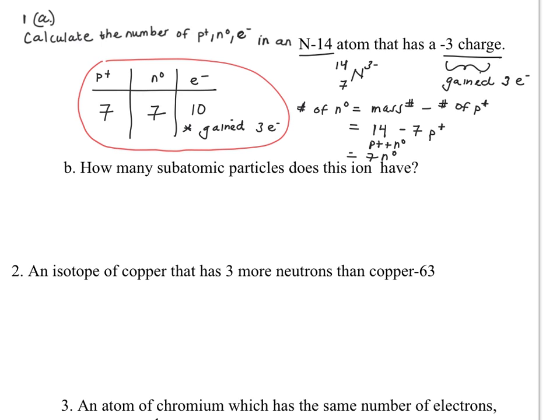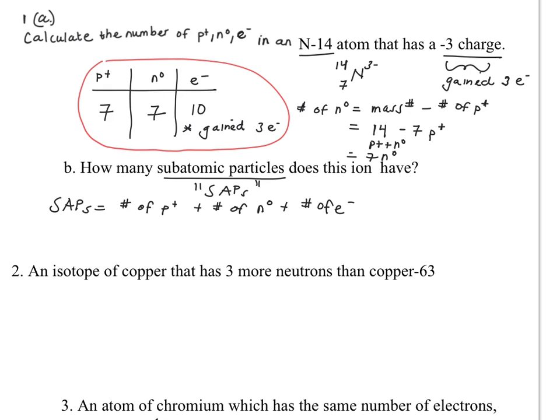Now the next question is related to the first question, and it asks to calculate the total number of subatomic particles in this ion. And we can nickname subatomic particles SAPs. SAPs is going to equal the number of protons plus the number of neutrons plus the number of electrons.